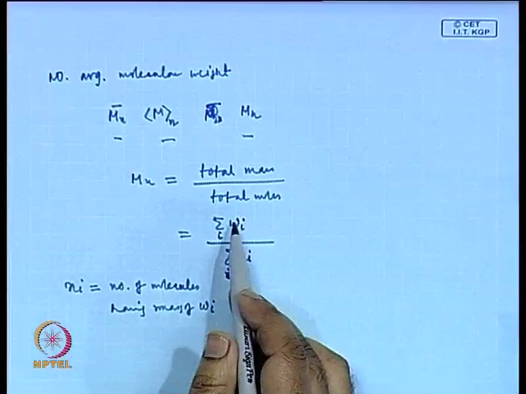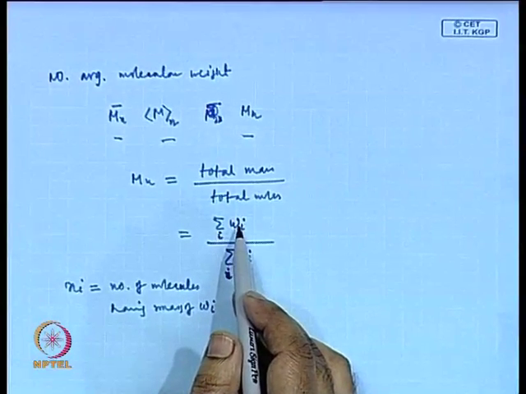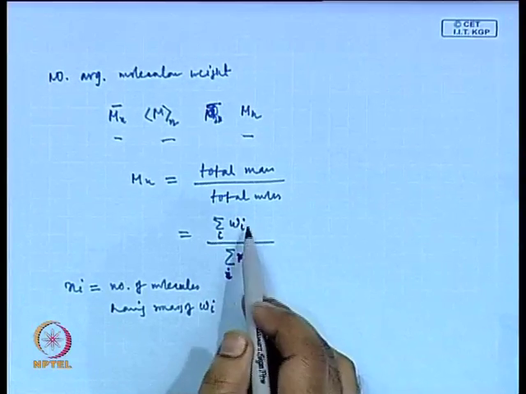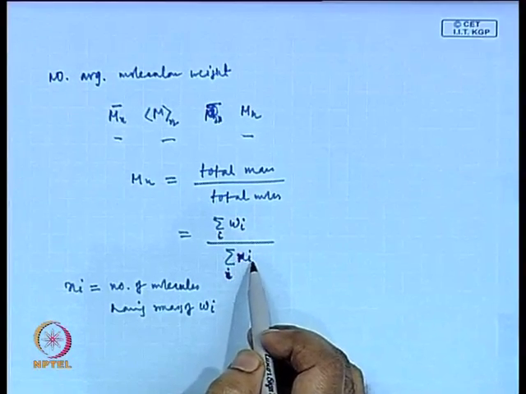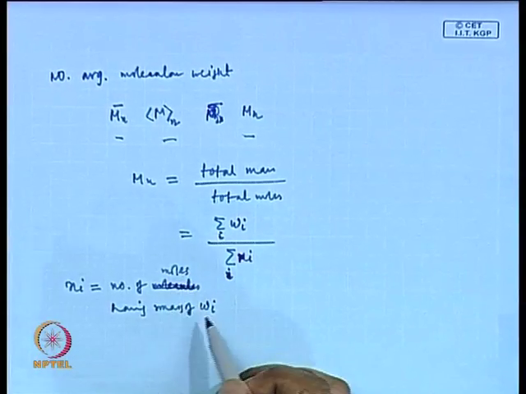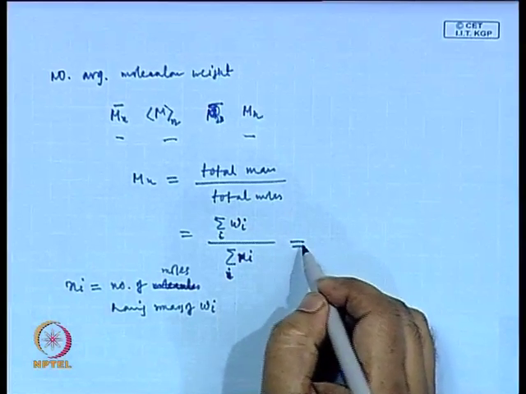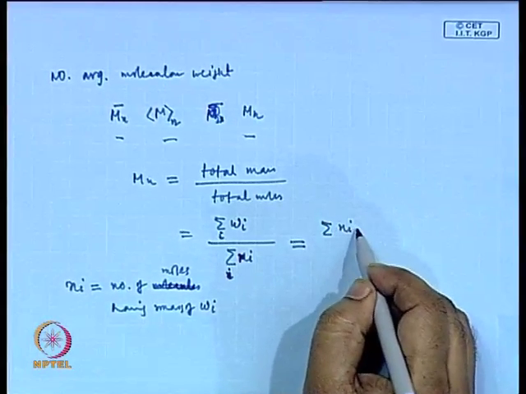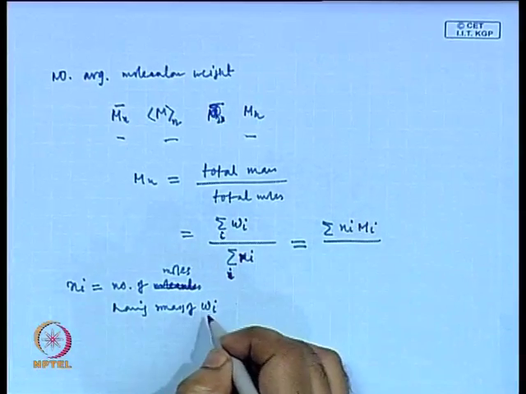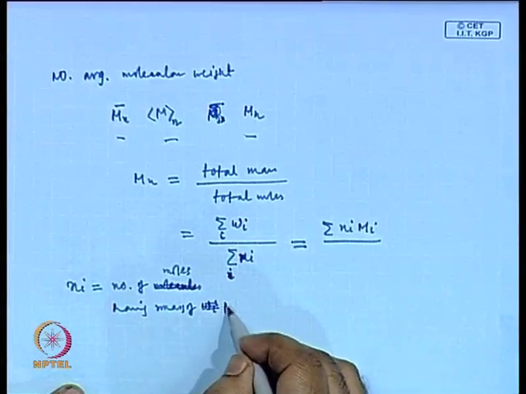So, total mass will be given by the summation over all the molecules, divided by the total number of moles. In this case we are talking about moles, number of moles of these things. So, you can write Ni, this is Mi.